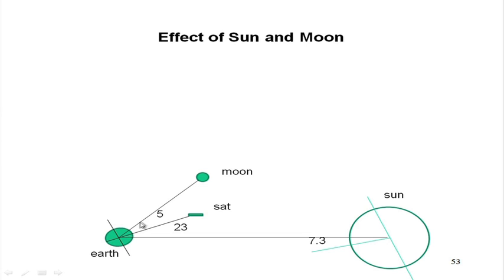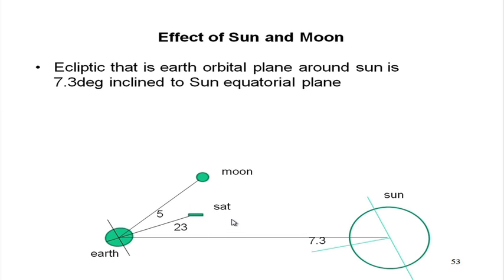Moon creates a 5 degree elevation with the equatorial plane of the Earth, and based on the position of moon, sun and Earth, there will be some force acting on the satellite. You can see that the force acting on the satellite can move the satellite northward or southward. So, this is called north-south movement.